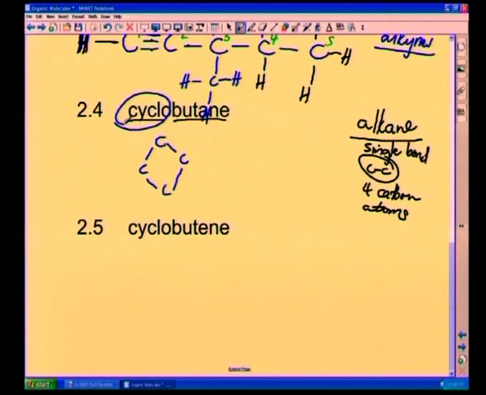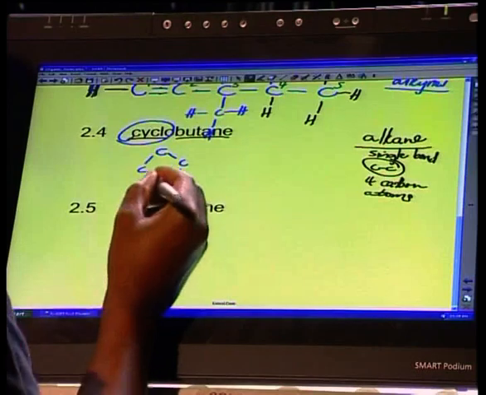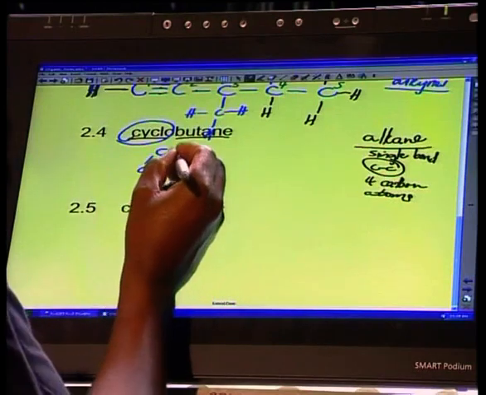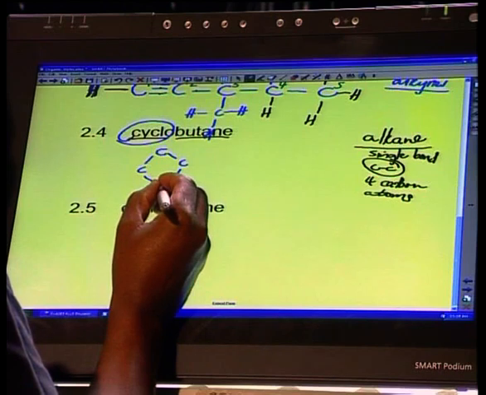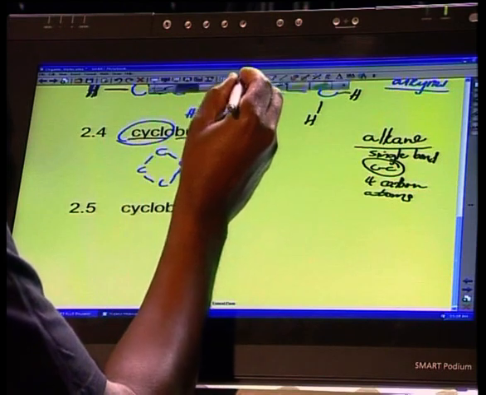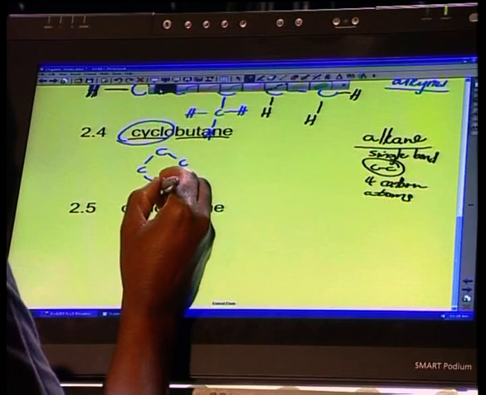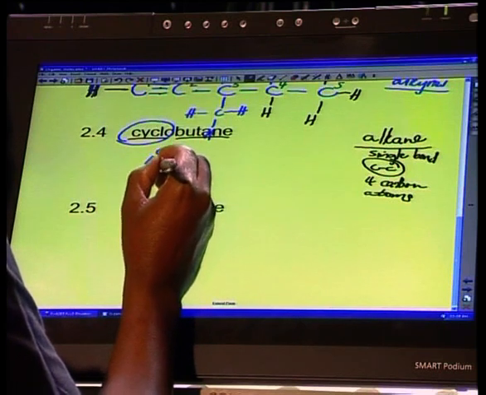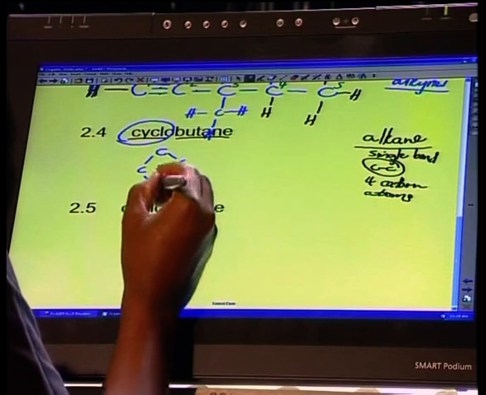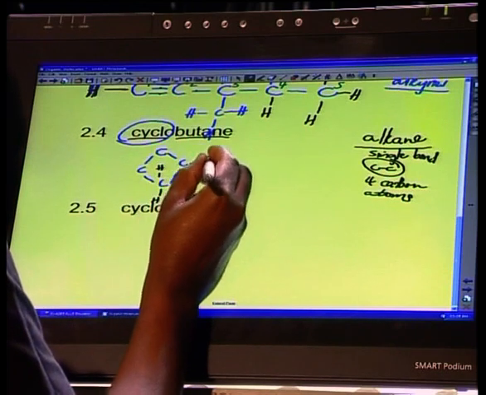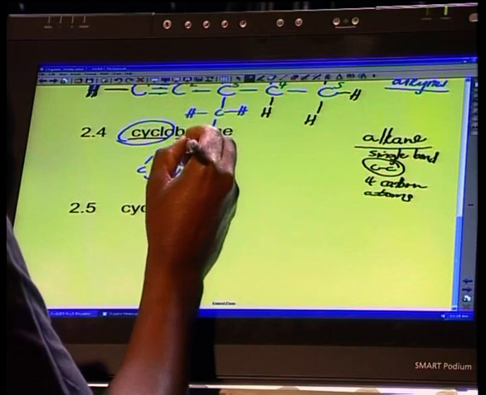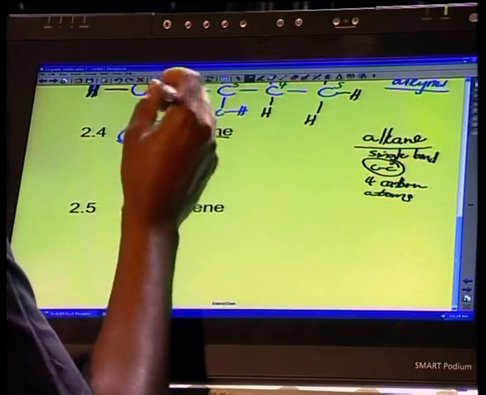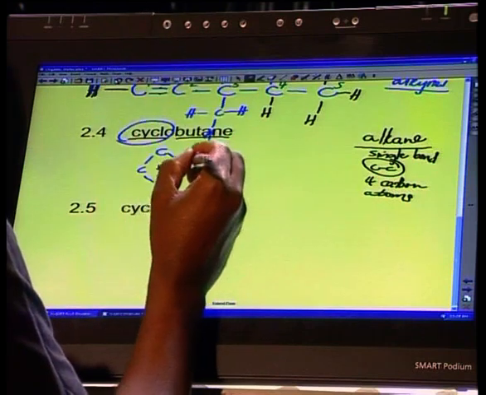Now, how am I going to have the hydrogen atoms here? Obviously, if I add 2 hydrogen atoms there, 4 bonds are taken. Allow me to do it this way.